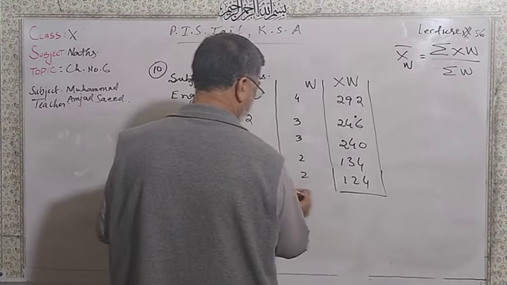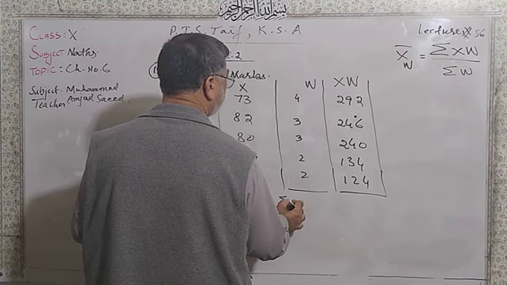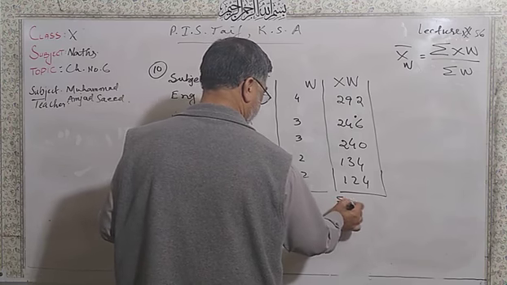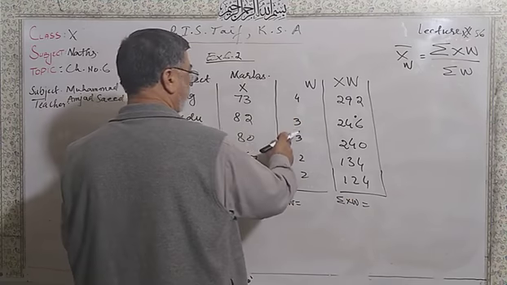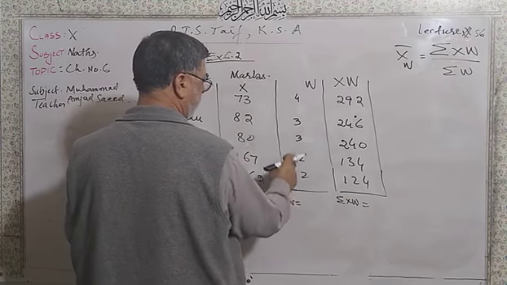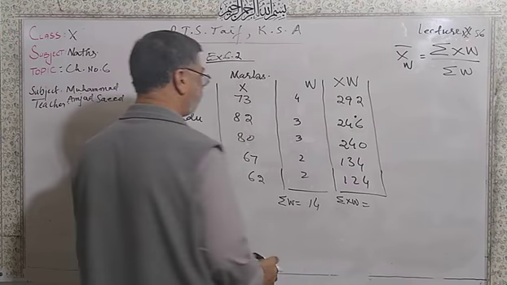This is sigma w, and this is sigma xw. 4 plus 3 is 7, plus 3 is 10, and this is 14.